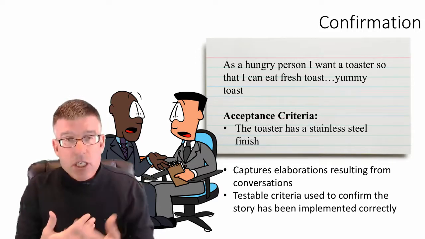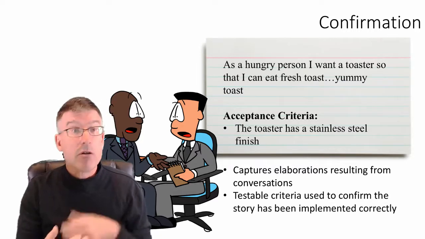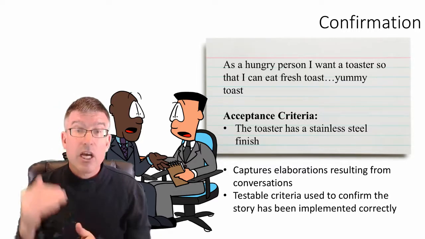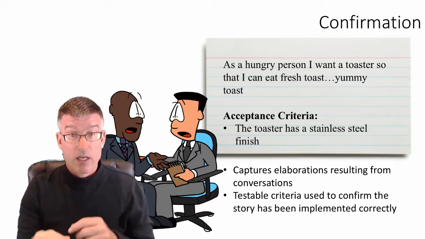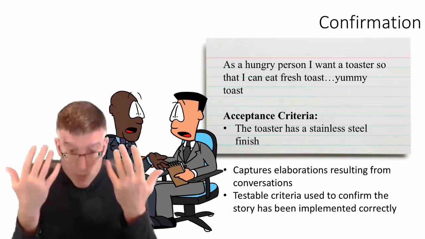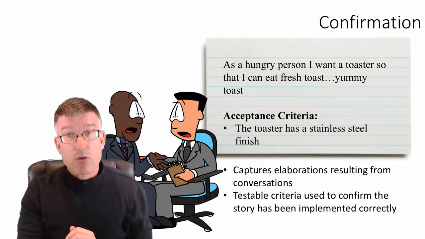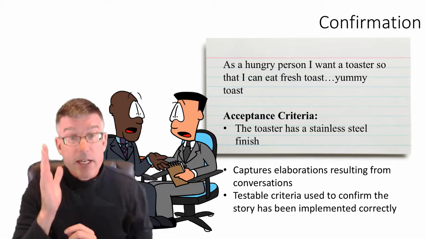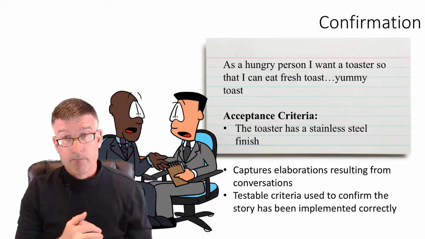So as the team is talking to Lawrence, here we're showing our business analyst, Carlos, having a conversation with Lawrence. We're getting these detailed, testable criteria that help us say, okay, what is it that we need to be able to show Lawrence to demonstrate that we have successfully met his criteria for the toaster.